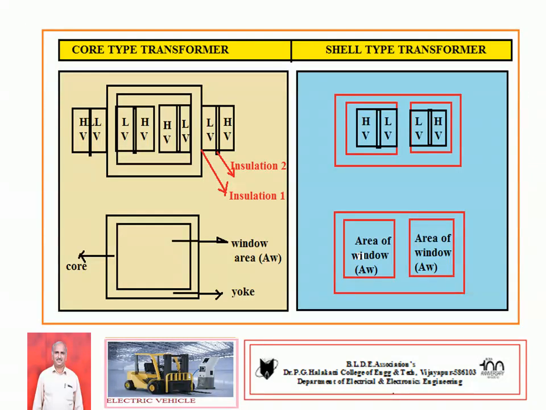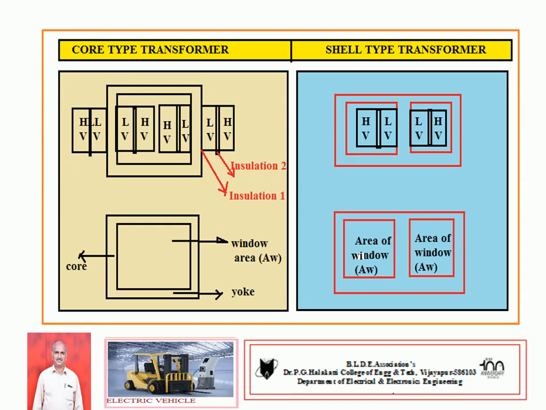The diagram shows the single phase transformer, both core type and shell type. The area of window is the inside area of the core. It houses the windings, as shown in the above figure. The core carries two limbs, and both limbs carry LV winding and HV winding.